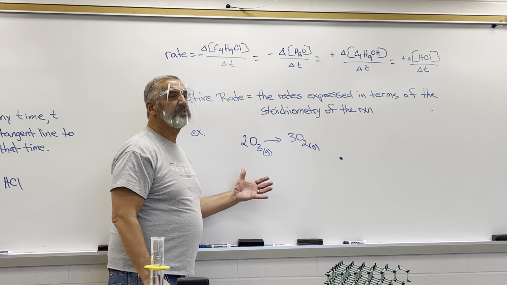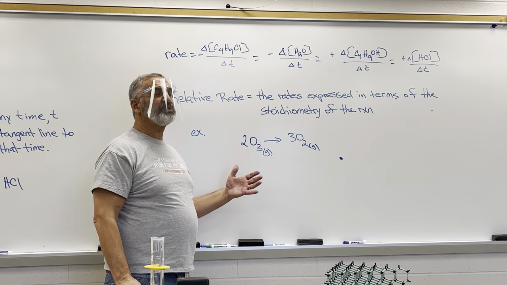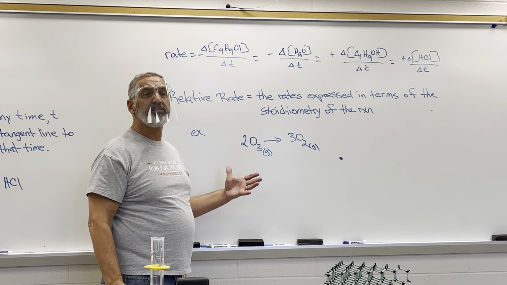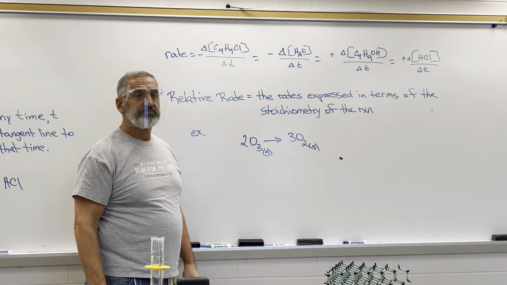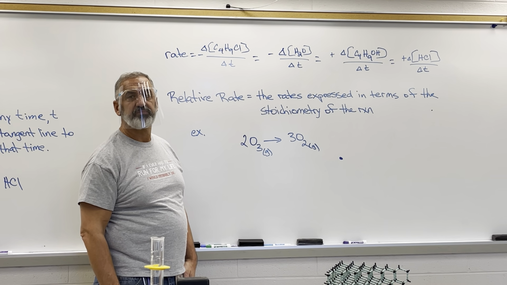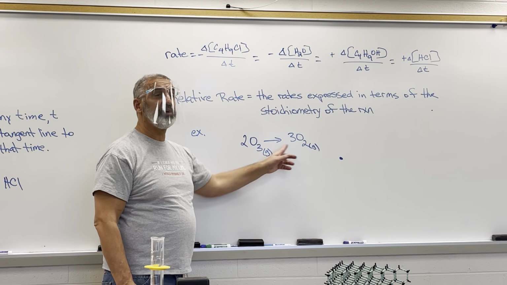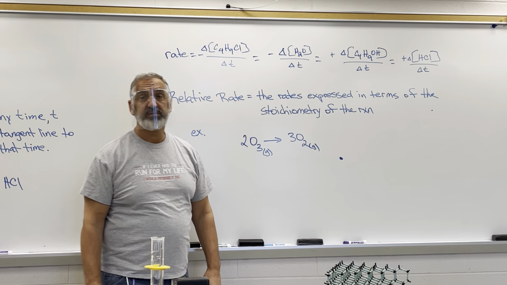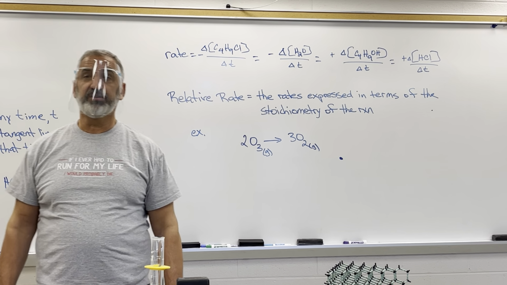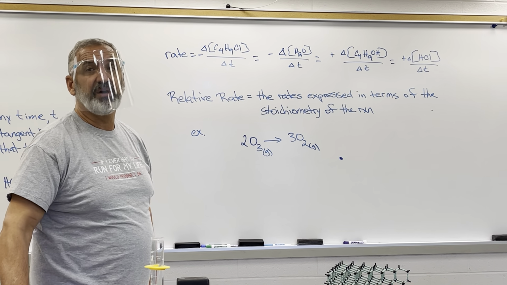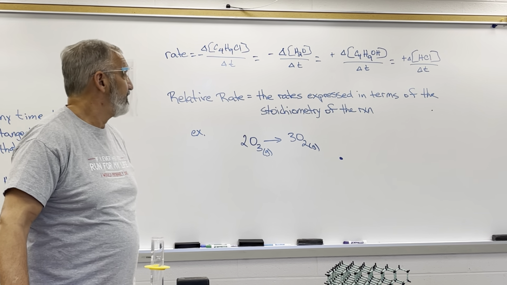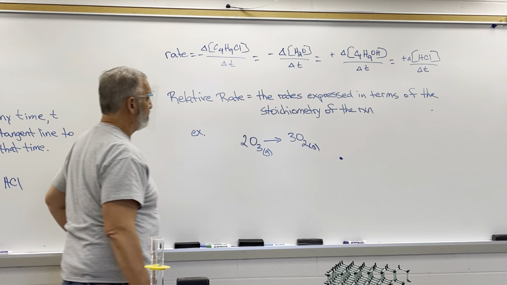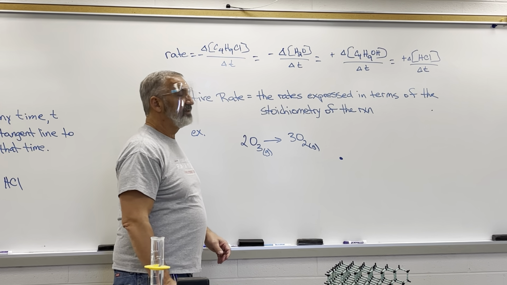Which one's concentration is going to change the most at any given point? Are they going to change at the same rate? Reagan's shaking her head no. Why? Well, at the beginning it's only ozone, and then near the end it's only O2. Okay?